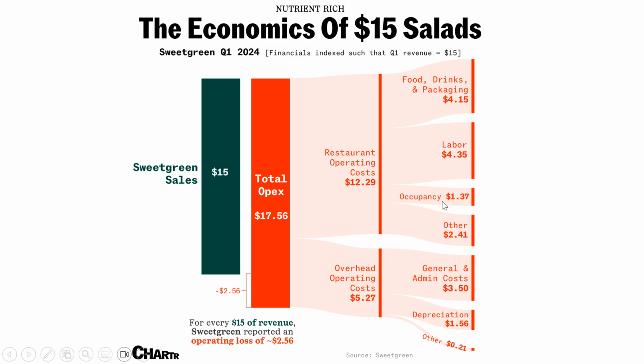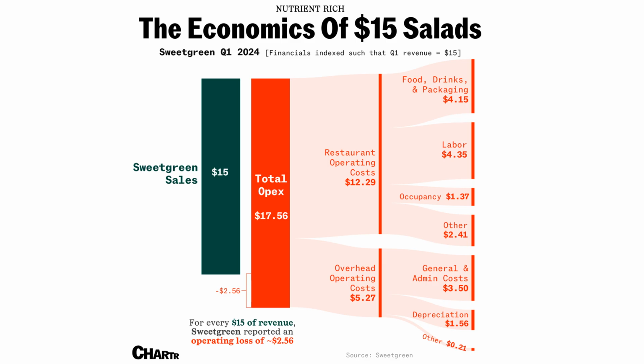Some of it is related to the rent, so the occupancy is the rent, and then other, I think, is things like the utility costs of the facility. It could be licensing and inspection fees that they're paying to the county.